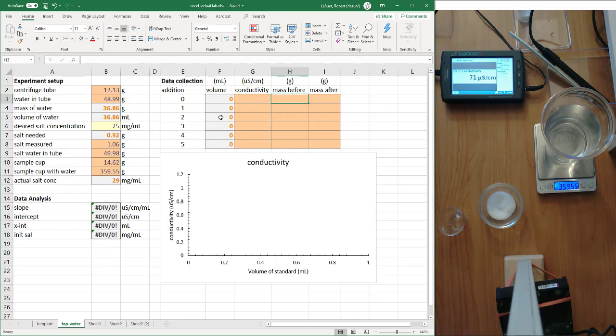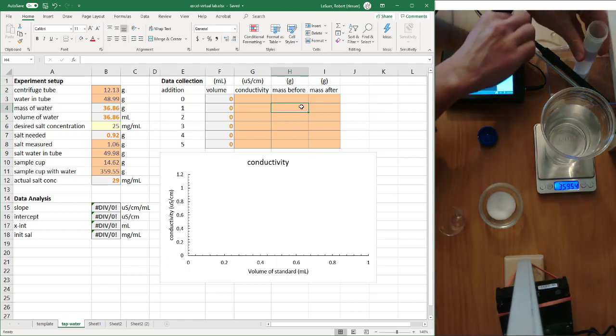One, the volume of liquid that I actually added, and if I lost a lot of liquid during the analysis. So mass before and after should be pretty close to one another, and the difference between the mass after and the mass before should tell me the volume that I actually added. Okay, so let's go ahead and get started here.